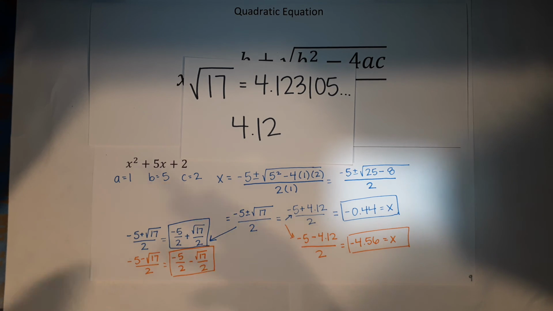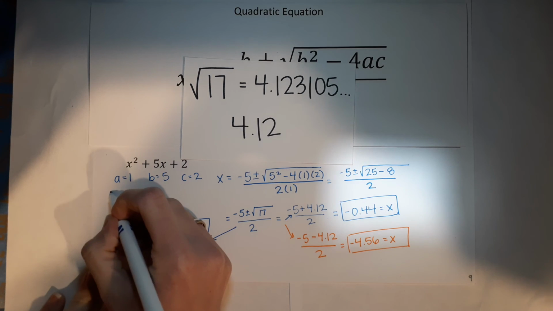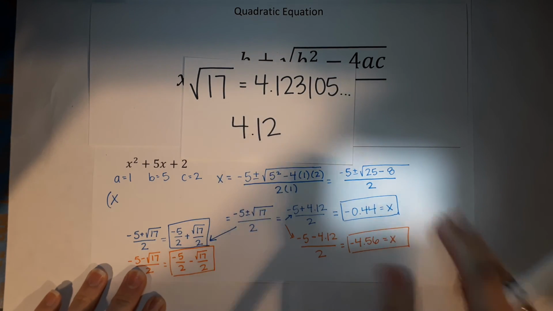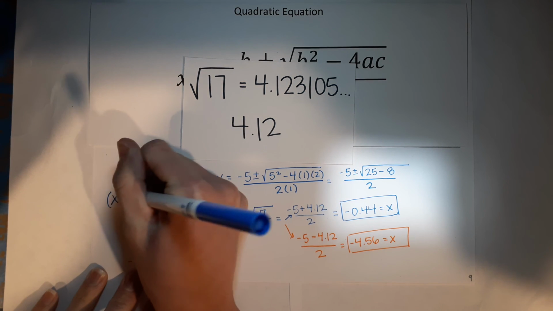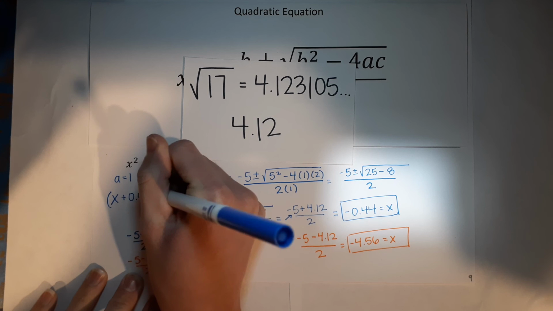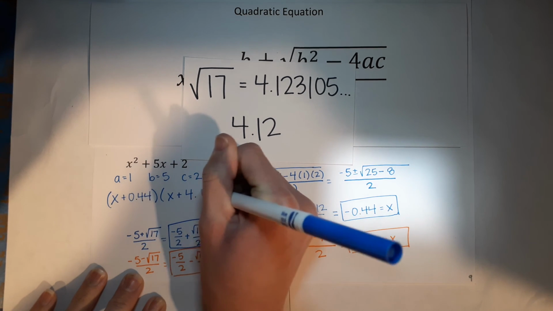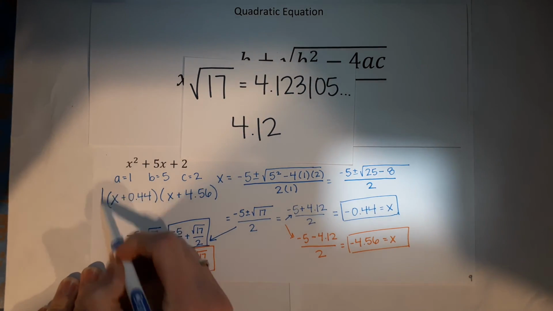So you could write it as your 2 parentheses, either with these pretty guys or with these. Remember, the sign switches. So it would be x plus 0.44 times x plus 4.56. Oh my gosh, is that the prettiest thing you've ever seen?